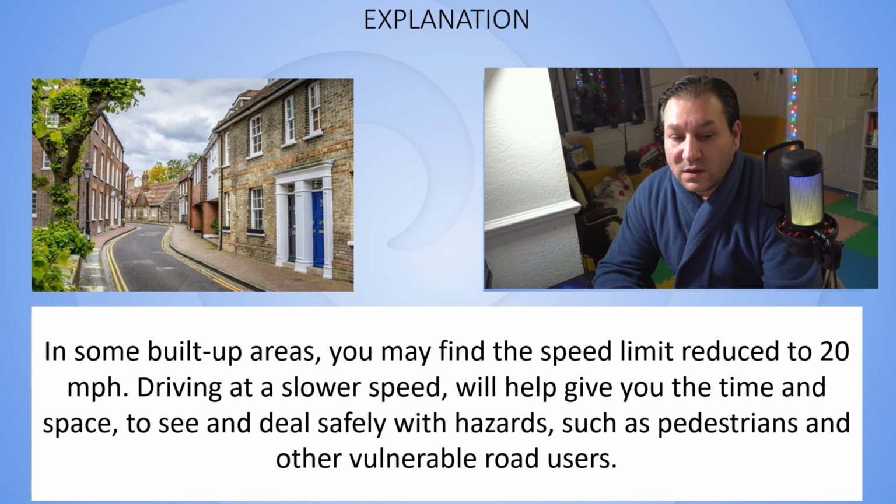Explanation. In some built-up areas, you might find the speed limit reduced to 20 miles per hour. Driving at a slower speed will help give you the time and space to see and deal safely with hazards such as pedestrians and other vulnerable road users.